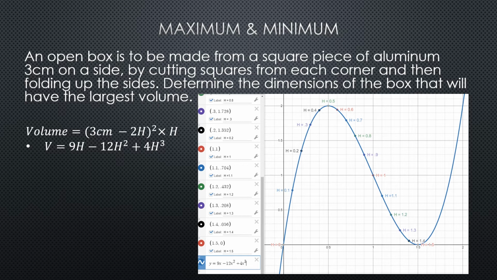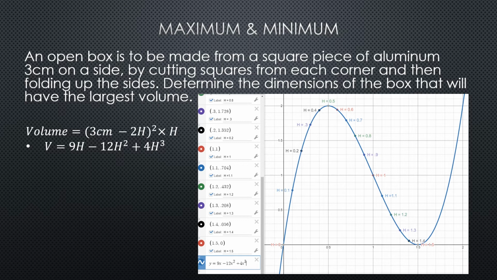So it's not going to hold any volume. At the other point, 1.5, you can see the function coming down and touching the x-axis at 0. The 1.5 makes sense also because if we cut out 1.5, our total dimension was 3, so we're basically just folding it in half. So there's no volume there either.